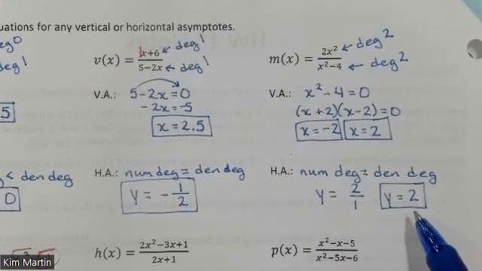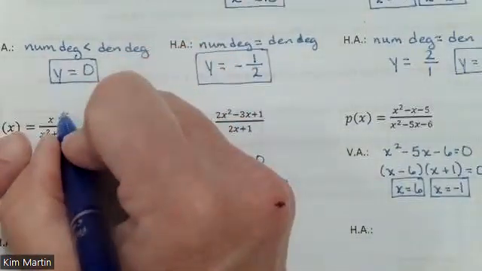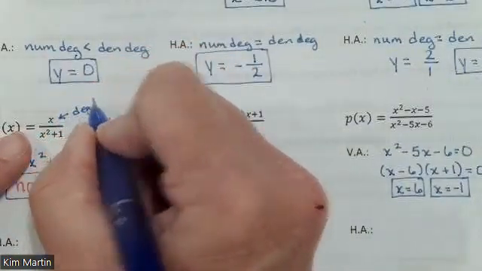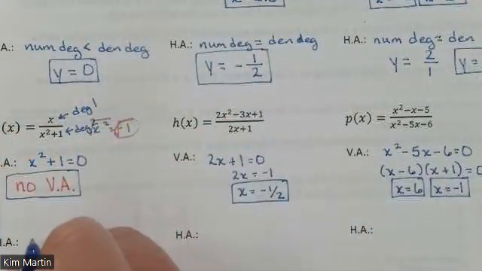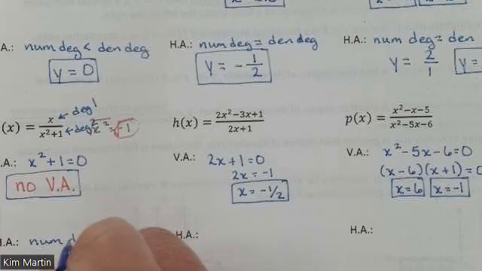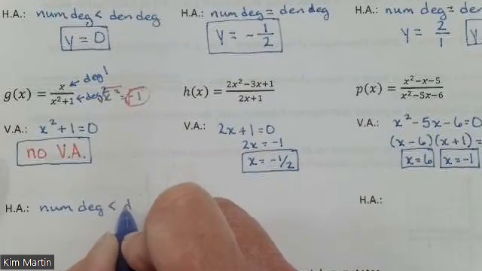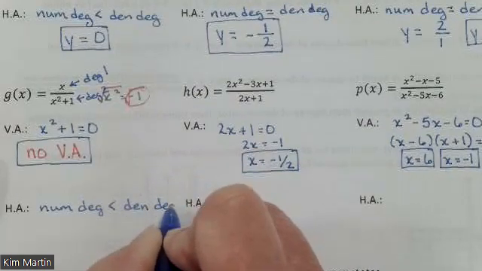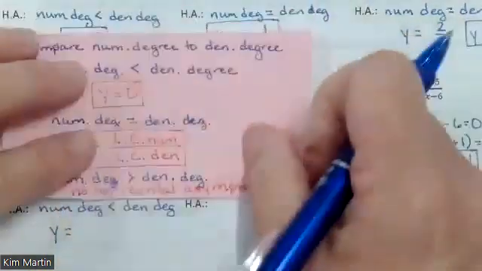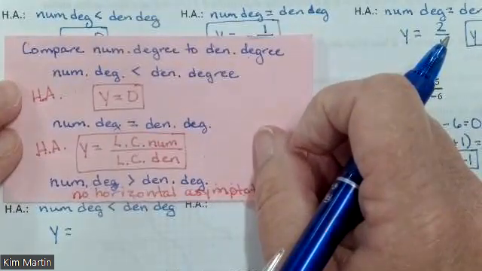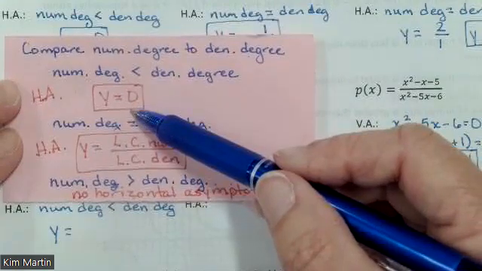Okay. Right here, degree is 1. Degree is 2. So our numerator degree is less than denominator degree. Handy dandy post-it note. Where's our horizontal asymptote? Less than, so it is 0.